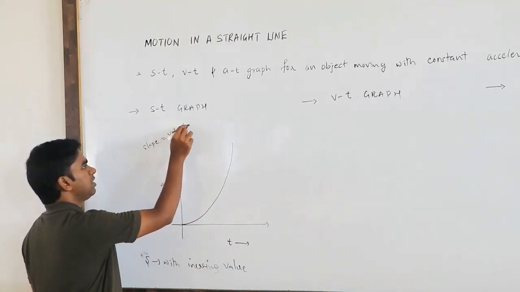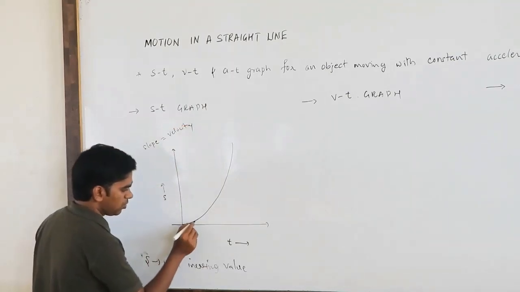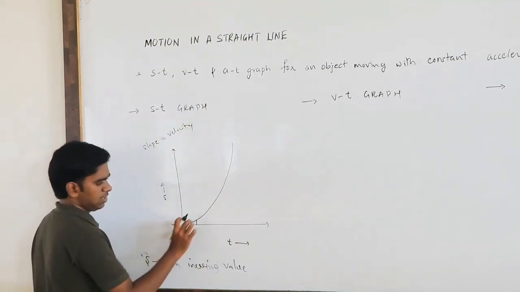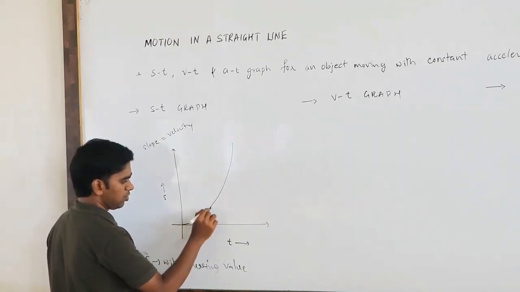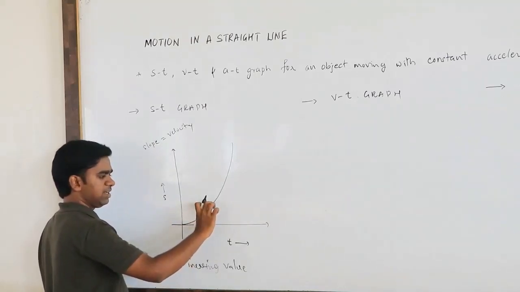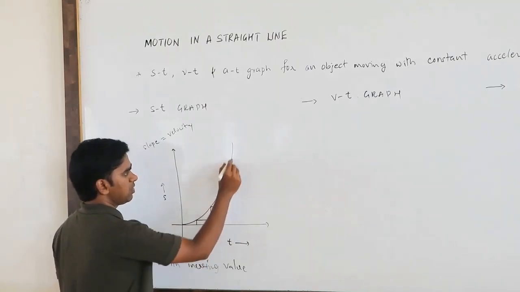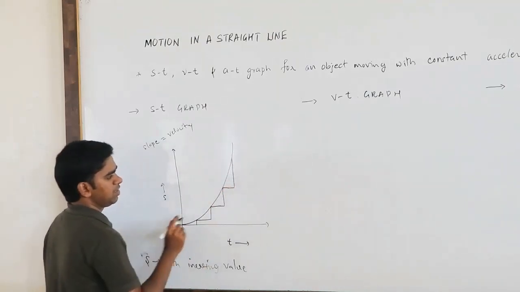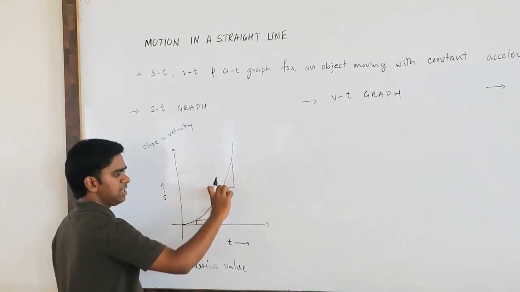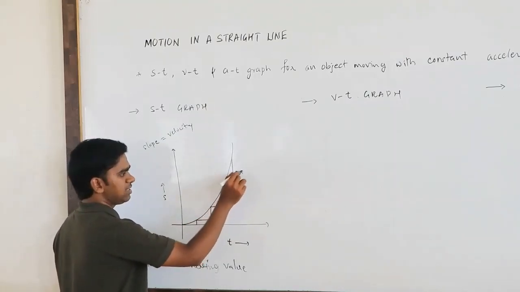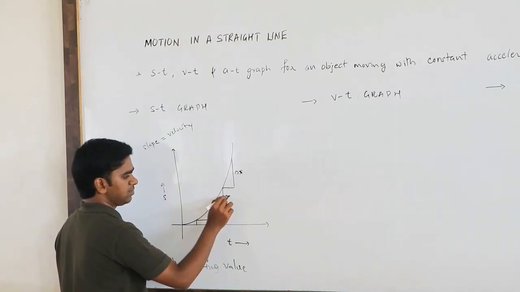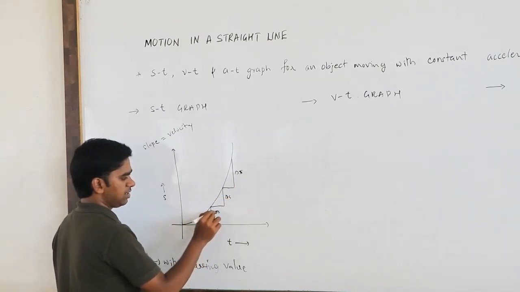Velocity. Okay, so now if you calculate the slope over here, it is small. If you take the slope over here, the numerator is increasing. If you take the slope over here, again it is increasing. This numerator is delta S or delta X, whatever you can say.